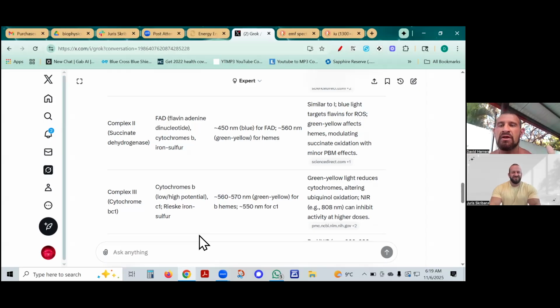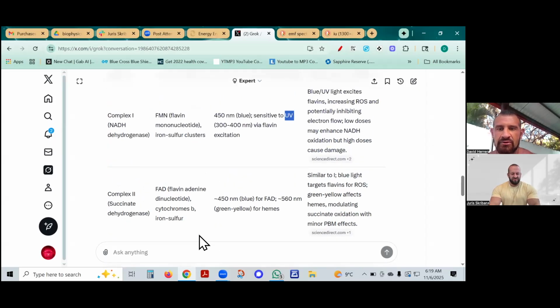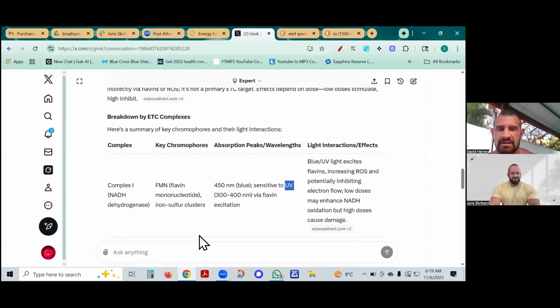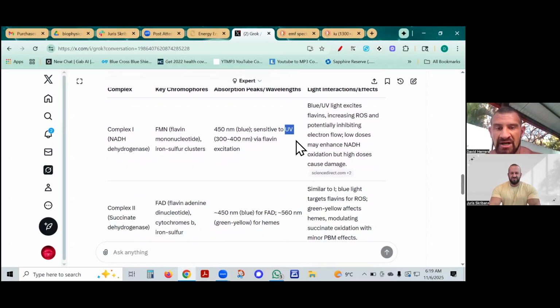Now let's talk about the things we can't see, right? We talked a little bit about infrared light and stuff like that. We can't see the higher end spectrum, and it clearly affects ATP production and biology. But as you just see right here, if reactive oxygen species is really high, let's just say somebody comes to you and has a lot of inflammatory markers, the very first thing you want to look at is, well, how much UV and blue light are you getting, right?